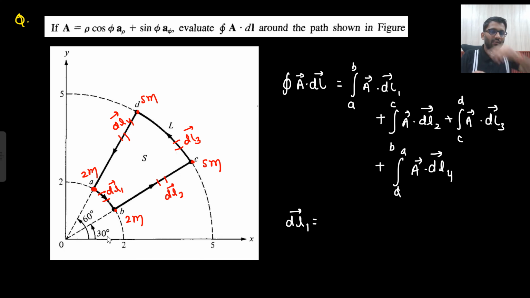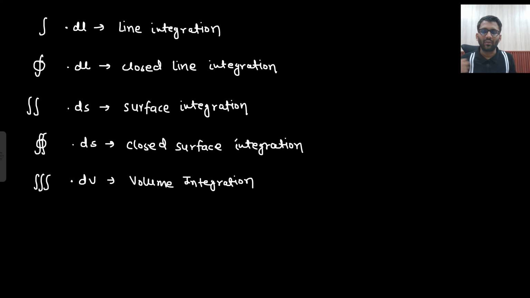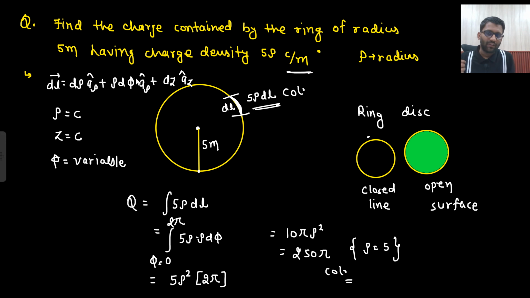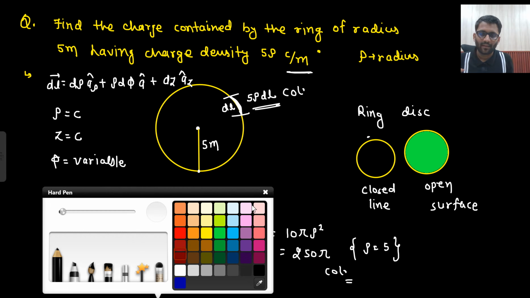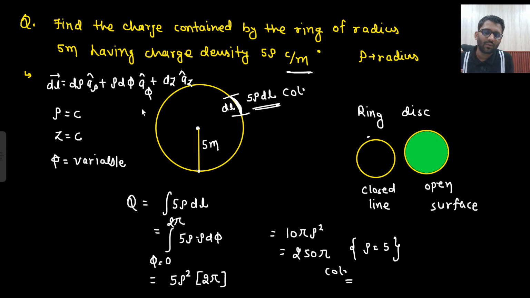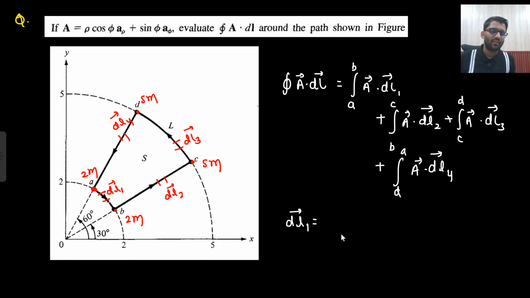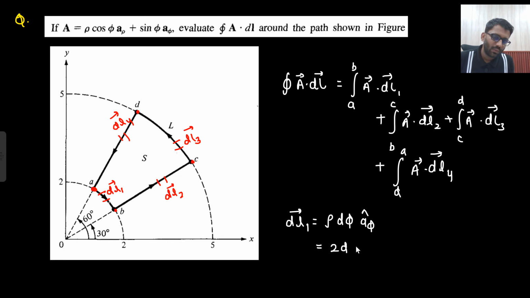When phi changes, the length we cover is rho d phi a phi cap. And rho is constant here. Rho is 2. Let me remove it, otherwise the diagram will not look good. So my dl1 is 2 d phi a phi cap.